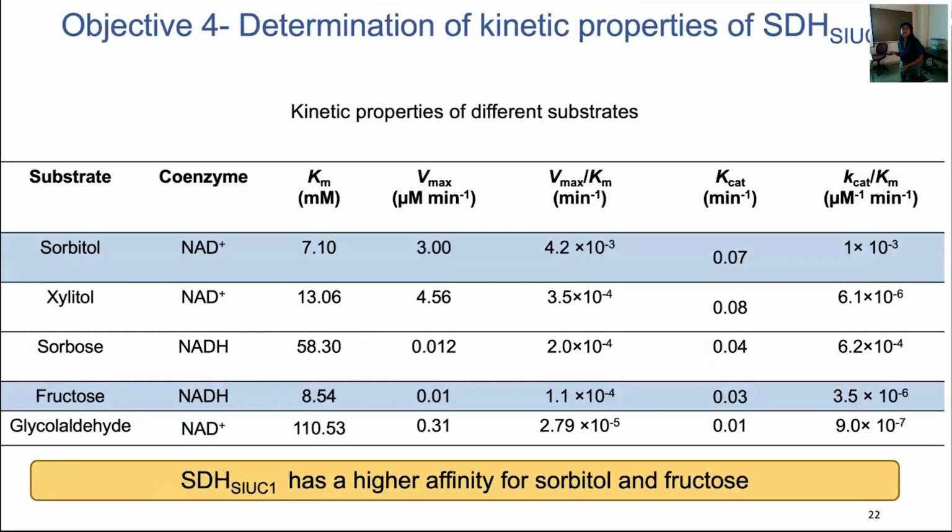To further confirm this data, we did the kinetic property calculation. We used the substrates sorbitol, xylitol, sorbose, fructose, and glycolaldehyde that showed promising conversion in the earlier experiment. According to that, we could see that sorbitol and fructose have a higher affinity for this enzyme.